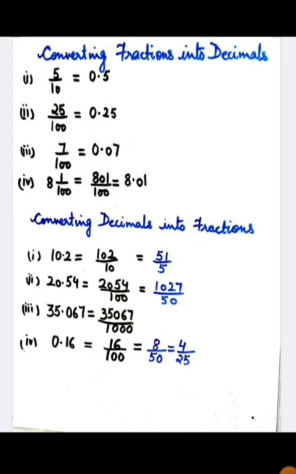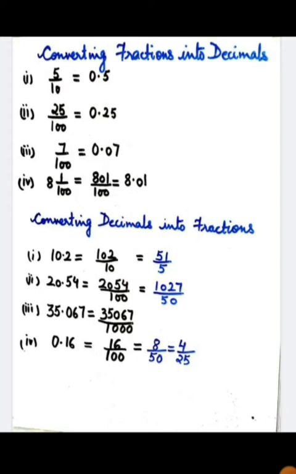Now check how many places are written on the right side of the decimal. There are 2 places, 5 and 4. So if there are 2 places, then you will put 2 zeros after 1. And now our number is 2054 upon 100.